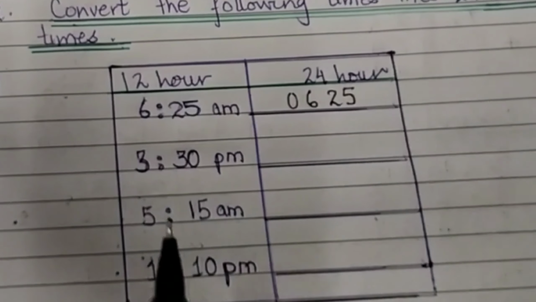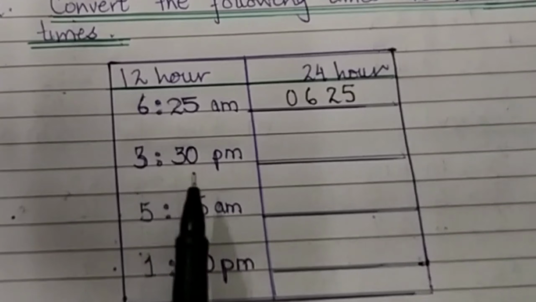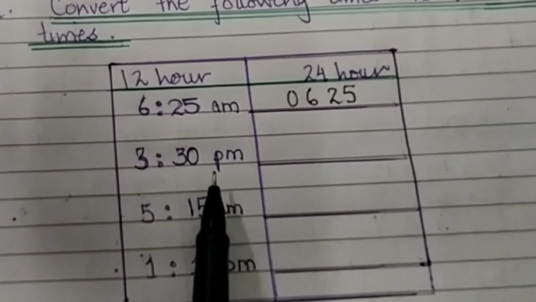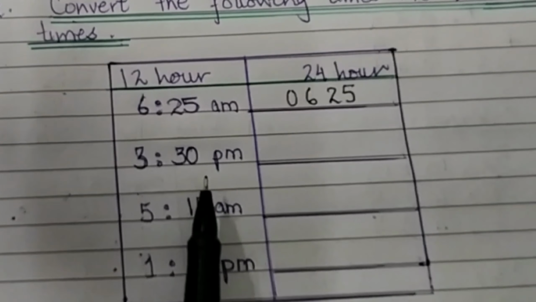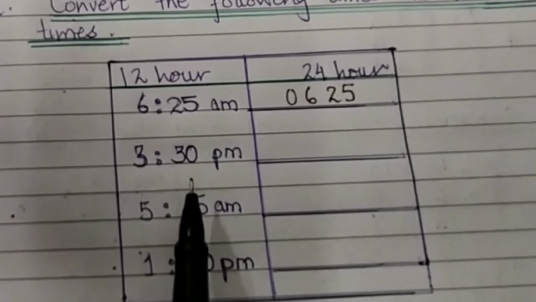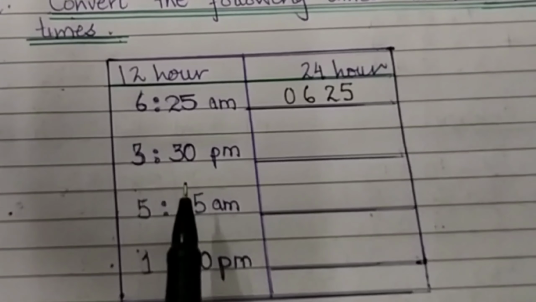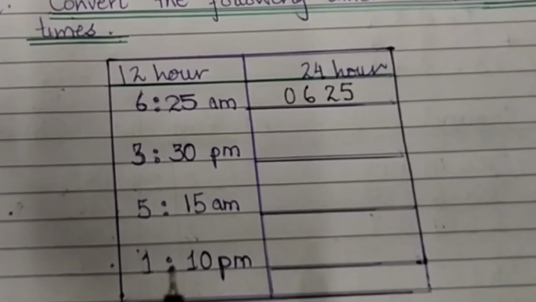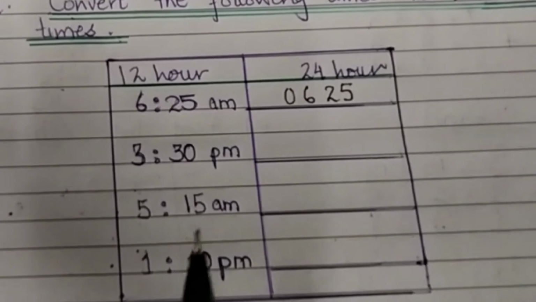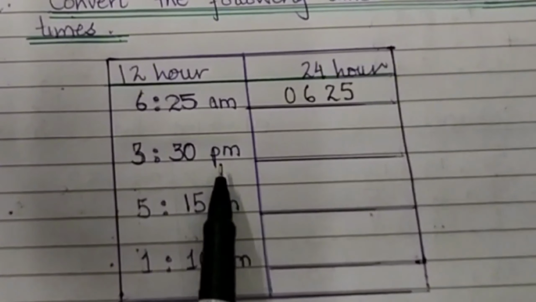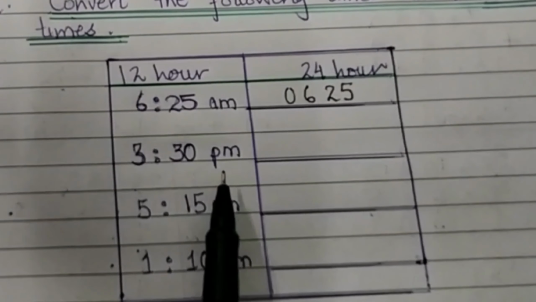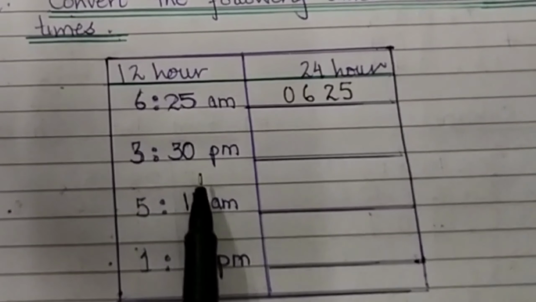But when I've given you another question, 3:30 p.m. When does p.m. start? After noon. Noon time is 12 o'clock in the afternoon. The minute you see 12 o'clock in the afternoon, and it starts from 12 onwards in the afternoon, we will change a.m. to p.m. You can see p.m., it means it's 3:30 in the afternoon time.